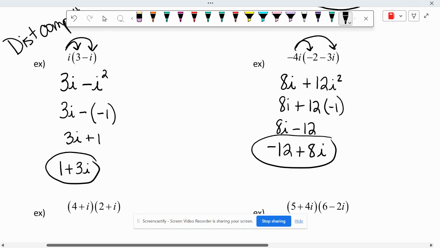So I should have positive 8i. A negative times a negative is a positive, plus 12i squared. What does i squared equal? So I really have 8i plus 12 times negative 1. And what is 12 times negative 1? It's negative 12. So that gives me 8i minus 12. But the real part has to come first. Negative 12 plus 8i.